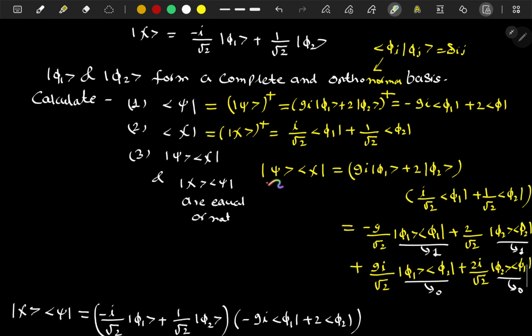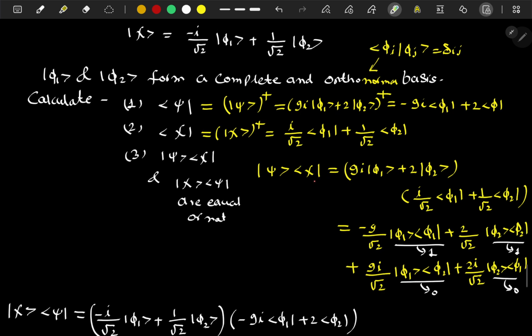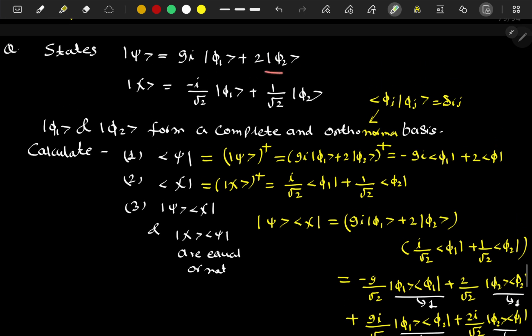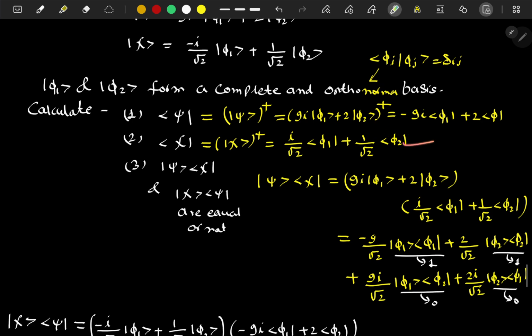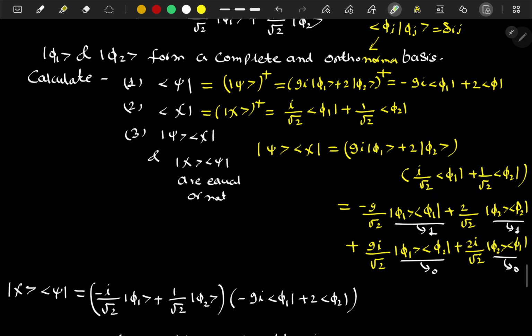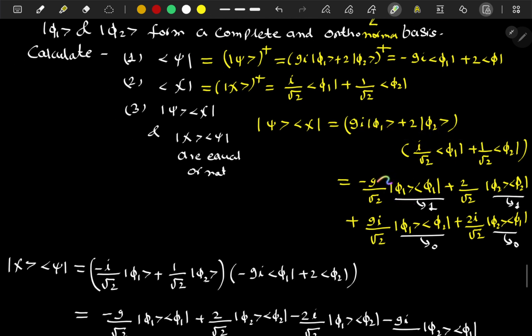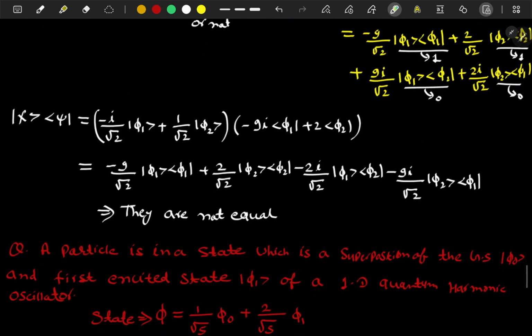Now we will calculate the multiplication of these two, ket chi and bra chi. Ket chi is given to us, and bra chi we have calculated. When you multiply, this to this and this to this, the products give us terms like minus 9 over root 2 phi 1 phi 1. It will become orthonormal. So 1 over root 2 phi 2 phi 2 is 1, phi 1 phi 2 is 0, and phi 2 phi 1 will be 0.